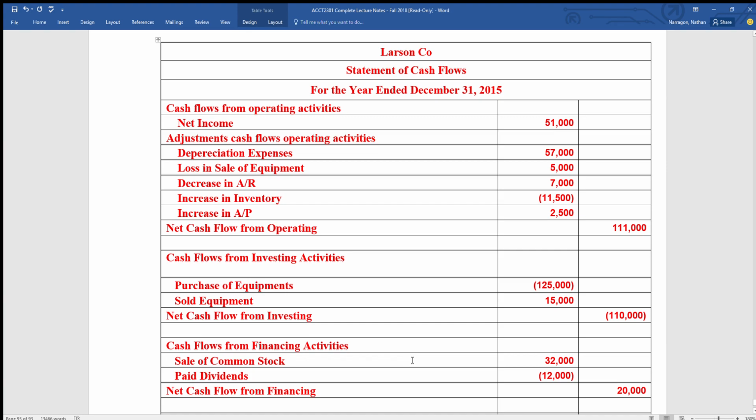So that's interesting. Do again. 51,000 plus 50. Sometimes you have to check and double check.